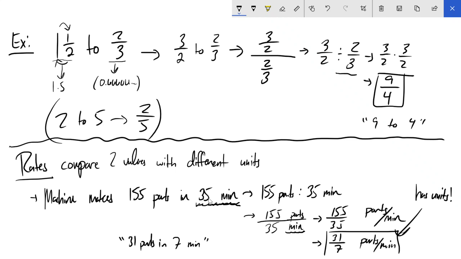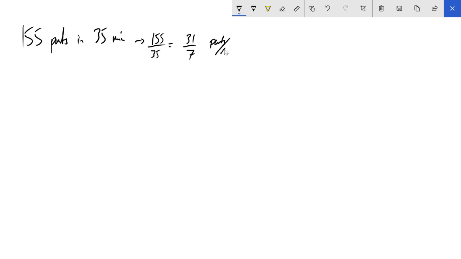If it does 155 parts in 35 minutes, that's 155 over 35, which reduced to 31 over 7, parts per minute.